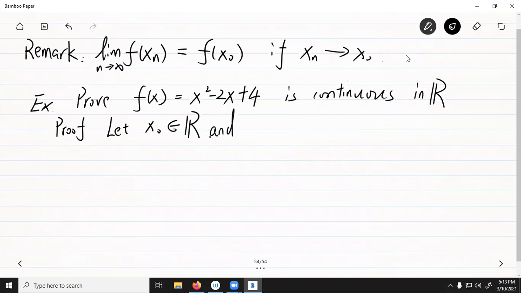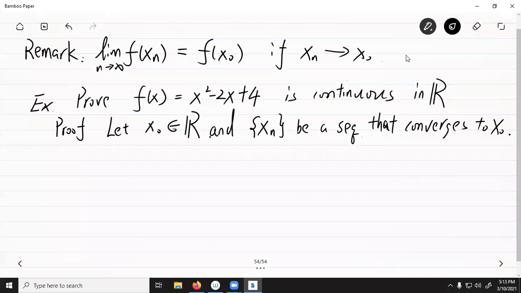And let xn be a sequence that converges to x naught.